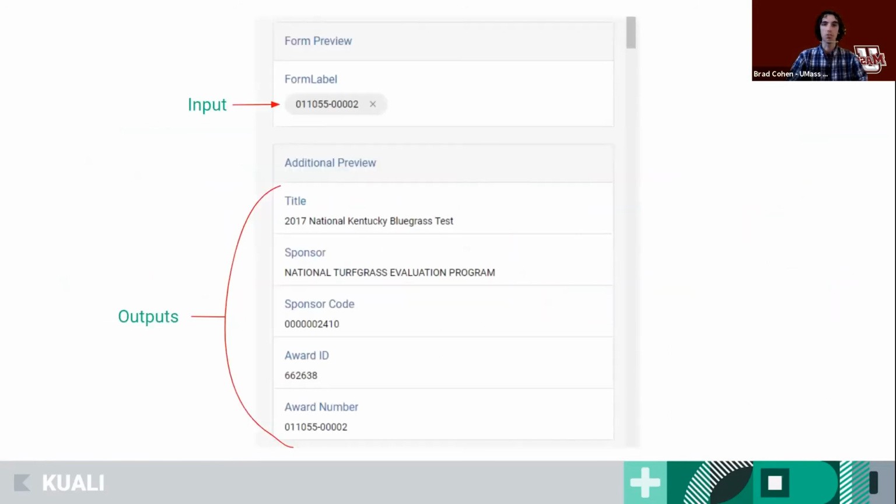And so this is just one example of one of our integrations that we currently have in use. This one uses the Kuali award number as an input to pull in the other award fields like the title and sponsor. These are just a few of the ones that we have selected as the outputs, but when you get into the APIs, there's a lot more than this that you could actually output.